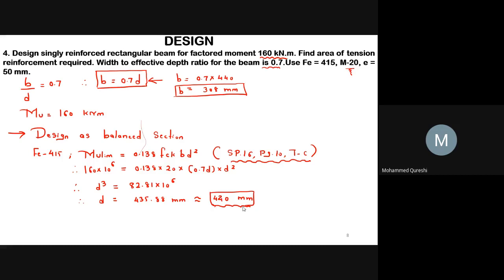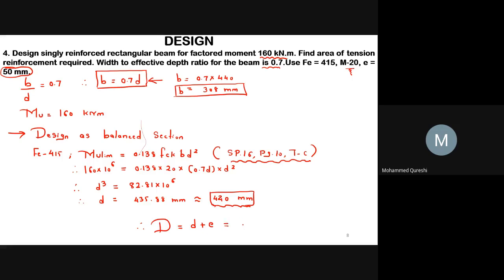Since the effective cover is given as 50 mm, therefore capital D equals small d plus effective cover.